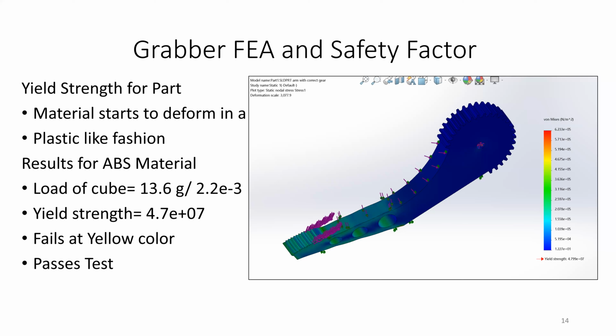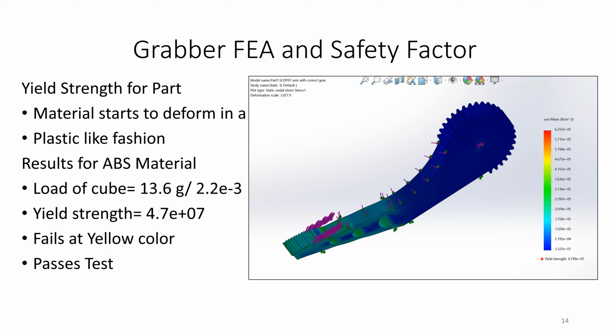FEA, which is finite element analysis, shows the max load it's required until it deforms. The same was done for all the parts that have load applied to them. This analysis is done because we can see when the material starts to deform in a plastic-like fashion. The results: the load that was applied to it was 13.6 grams, which is the weight of the cube.